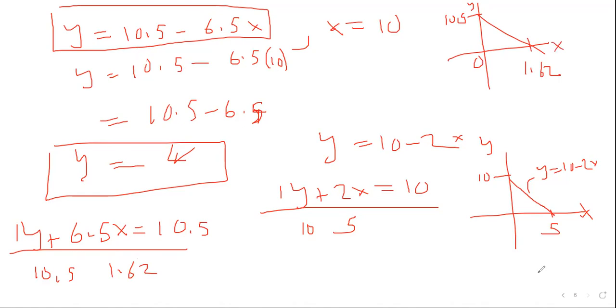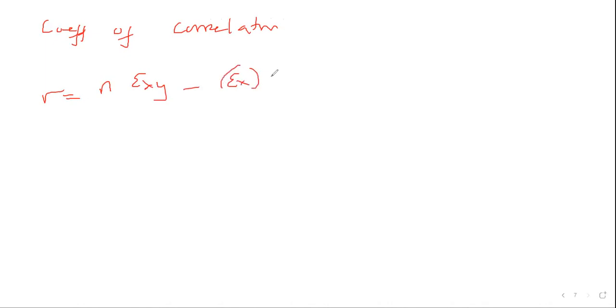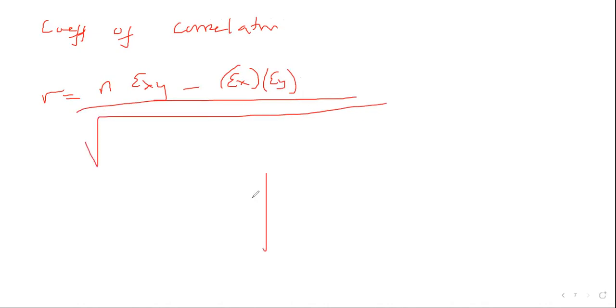And finally, you'll be asked to find the coefficient of correlation. The formula for the coefficient of correlation is simply given as follows: summation of xy minus summation of x multiplied by the summation of y, and then divide by the square root of two things, the variation in x and the variation in y.